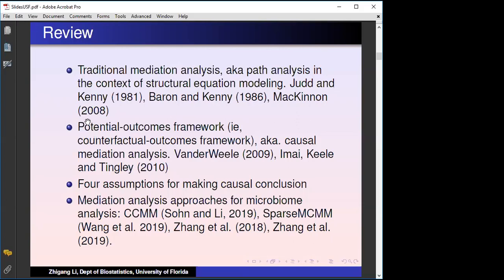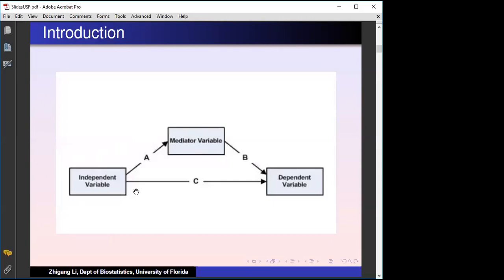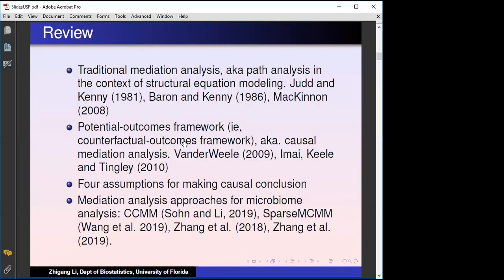Now, the second type of mediation analysis method is the potential outcomes framework, or the counterfactual outcomes framework. This type of analysis is relatively newer than the traditional mediation analysis, and it's more flexible because it does not rely on the linearity assumption of the effects, and it can also allow interaction between the independent variable and the mediator variable in the model.